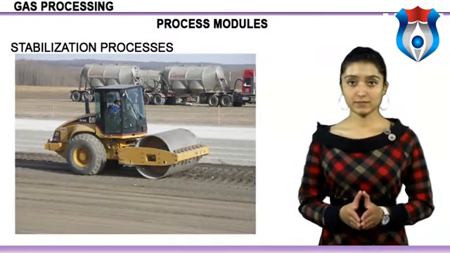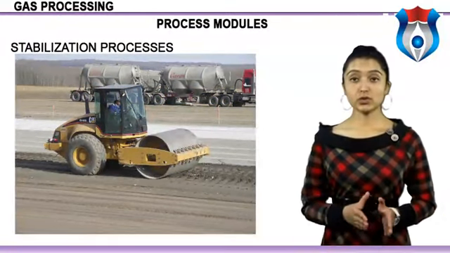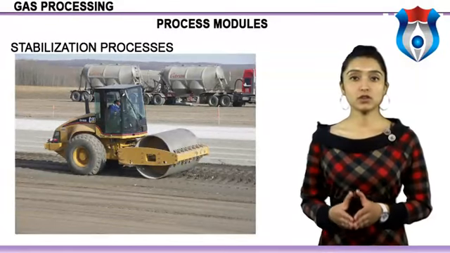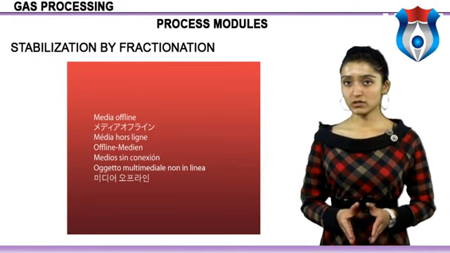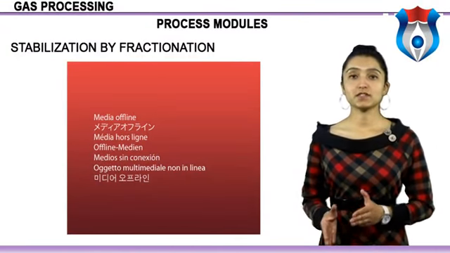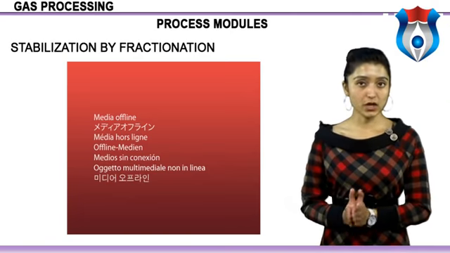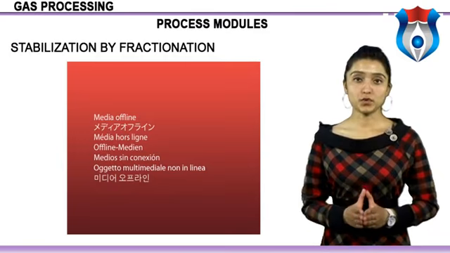Stabilization process: stabilization of condensate streams can be accomplished through either flash vaporization or fractionation. Stabilization by fractionation is a detailed process, very popular in the industry and precise enough to produce liquids of suitable vapor pressure.